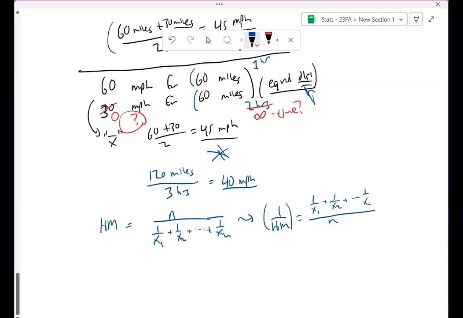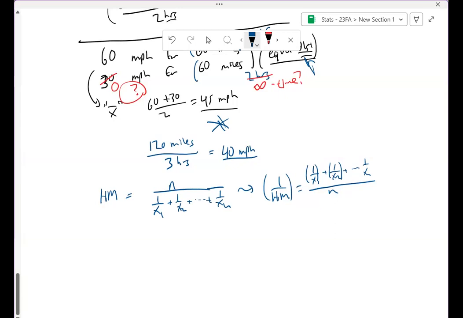So 1 over the harmonic mean is the average of the 1 over data points. Feels similar to the geometric mean, right? Where the log of the geometric mean is the average of the logged data. Here, 1 over the harmonic mean is the average of 1 over the data.